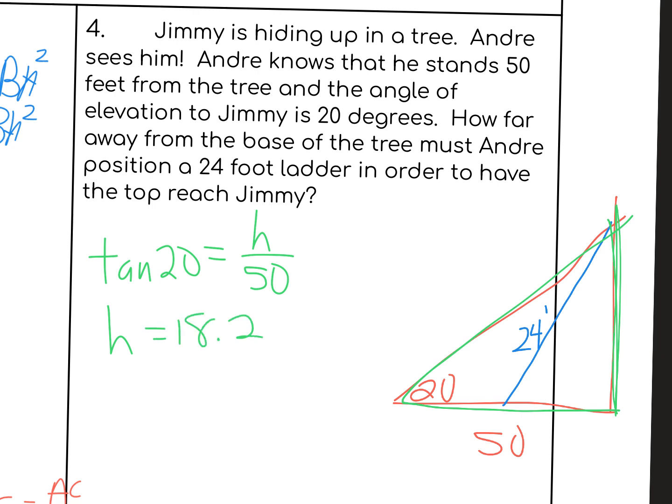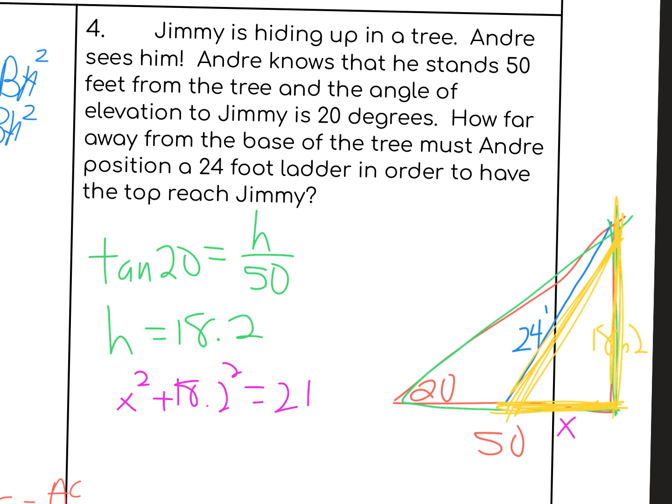Now do the inside triangle. The inside triangle is just asking me, this is 18.2, how far this must be. So can I just do the Pythagorean theorem? So that's going to be my unknown, I'll call it x, plus 18.2 squared equals 24 squared.